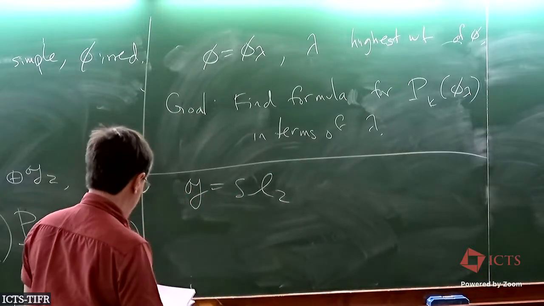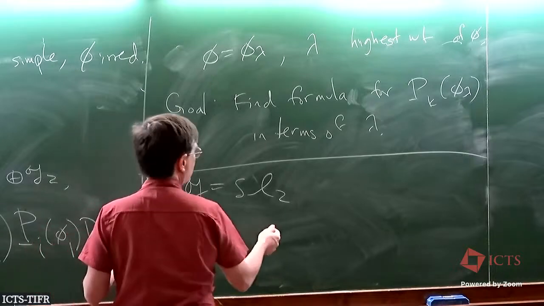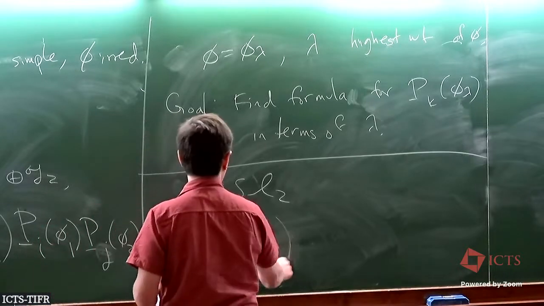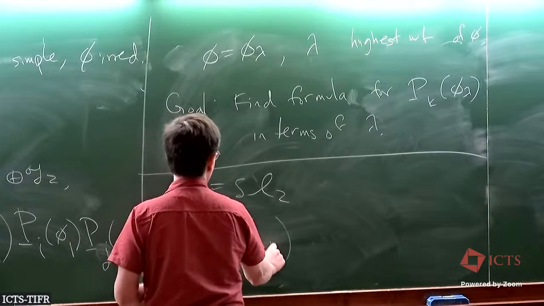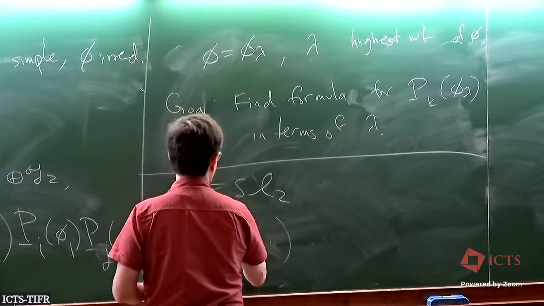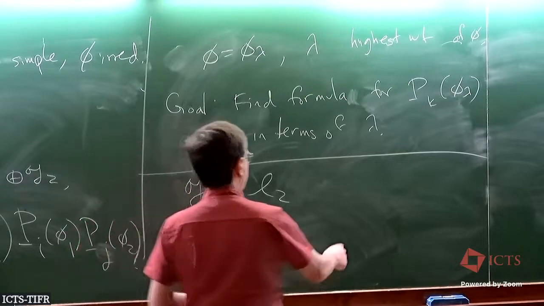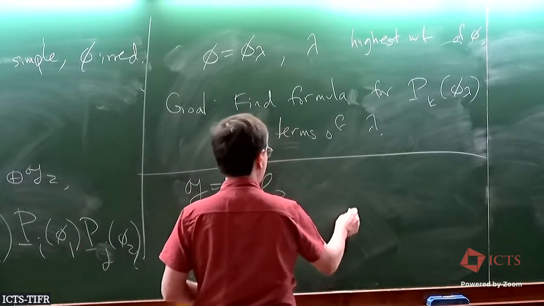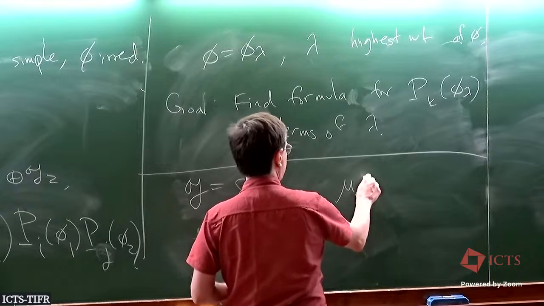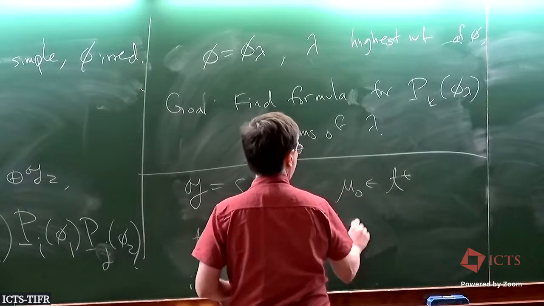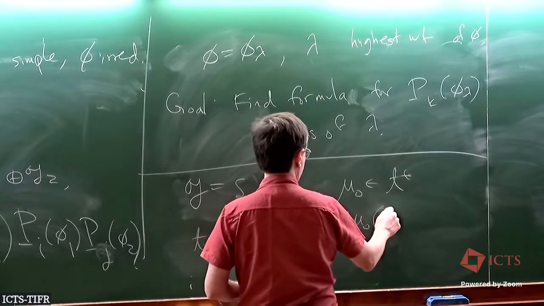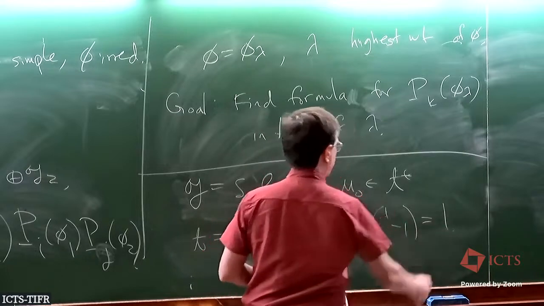For G equal SL2, I think I already explained the torus, but it's this. Really, it's just matrices of this form. I'll define mu naught in T star by putting this equal to 1.